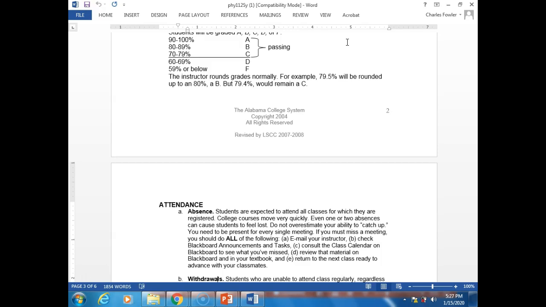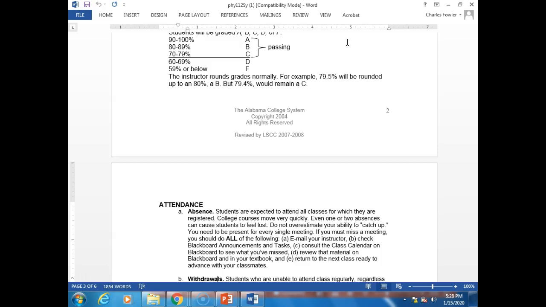Then, for example, a 79.5% will be rounded to an 80%, a B. Yeah, that makes sense. But a 79.4% would remain a C. I said, well, wait a minute, you just said always rounds up, never down. That's rounding down, okay? But that's not normal.